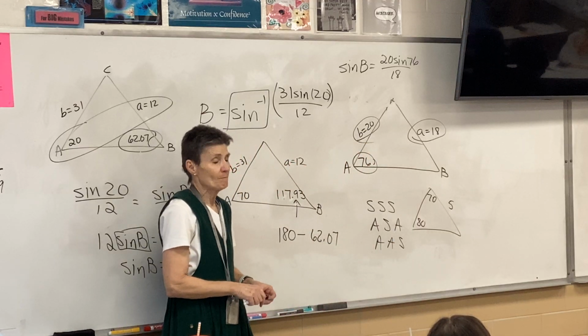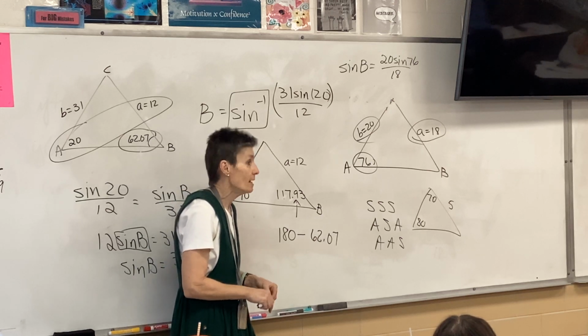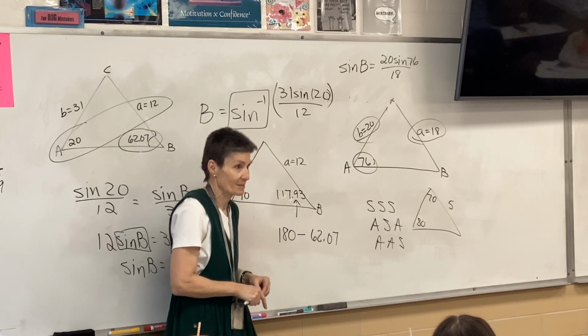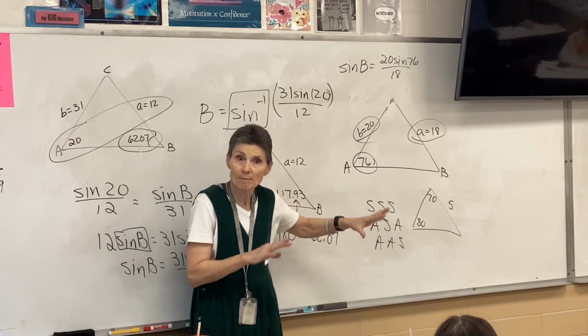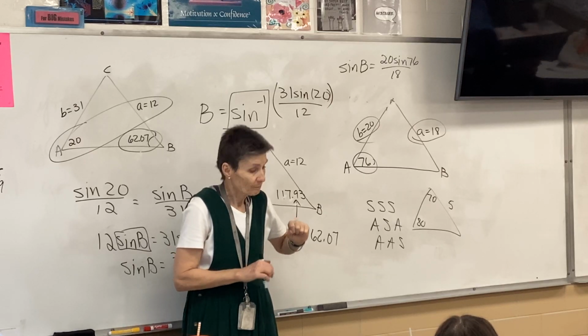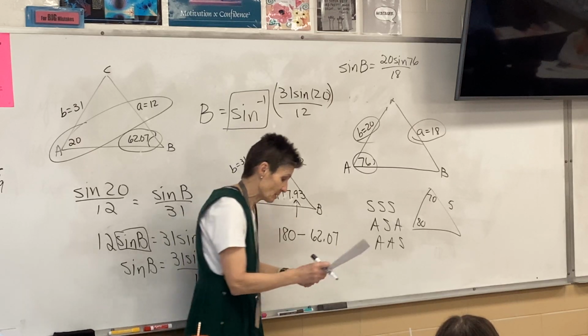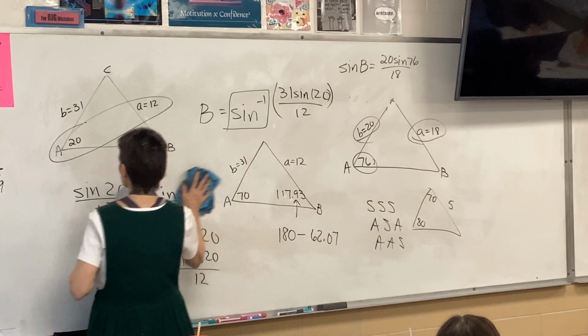Now, you're lucky. I'm never going to try to trick you. The question is going to say, how many triangles are possible? So you're going to know, oh, I got angle, side, side. I'm going to set up my law of sines, and I'm going to see. Okay? All right, let's see what happens with number 3. Go ahead and draw your picture.